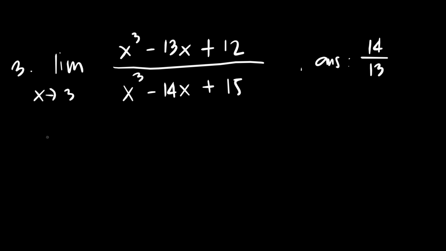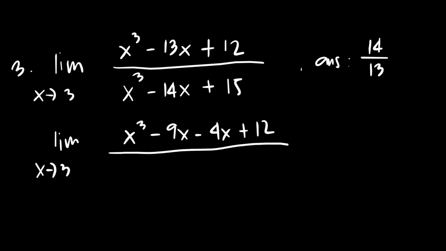We'll have the limit as x approaches 3. We'll rewrite x cubed minus 13x as x cubed minus 9x minus 4x plus 12, all over x cubed minus 9x minus 5x plus 15.